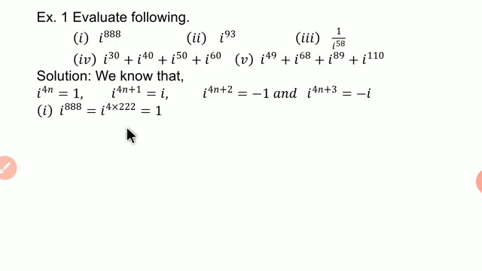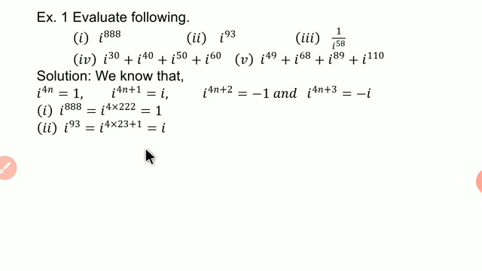Now see the second example. i raised to 93 is equal to i raised to 4 multiplied by 23 plus 1. 4 into 23 is 92 plus 1 is 93. Now it is of the form i raised to 4n plus 1, and value of i raised to 4n plus 1 is i. And therefore value for i raised to 93 is equal to i.